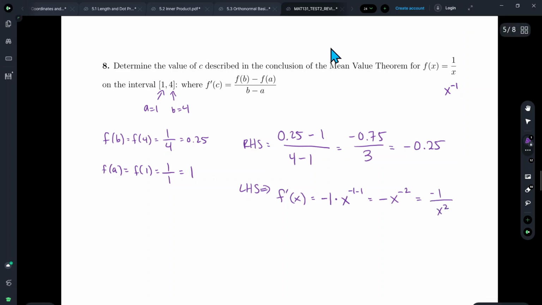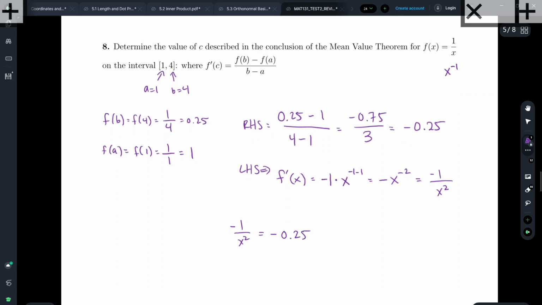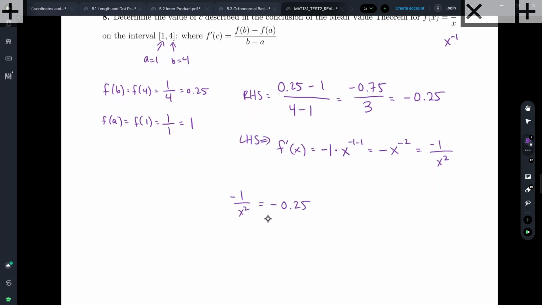Okay, so now I just set the left-hand side and the right-hand side equal to each other, and then I can solve for x, right? So negative 1 over x squared equals negative 0.25. So I cross multiply. Right, you get negative 1 equals negative 0.25x squared.